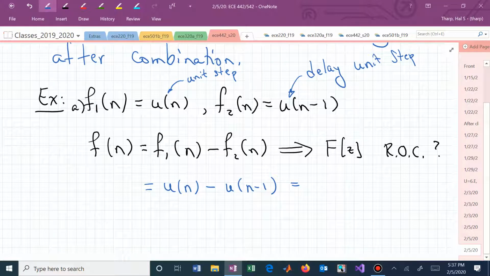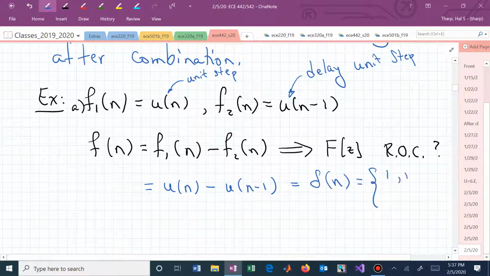You now have 1, 1, 1, 1, but you take away a shifted version of that same sequence, 1, 1, 1. You're only left with one non-zero value, and it's located at the origin. So this, did we use this notation before?